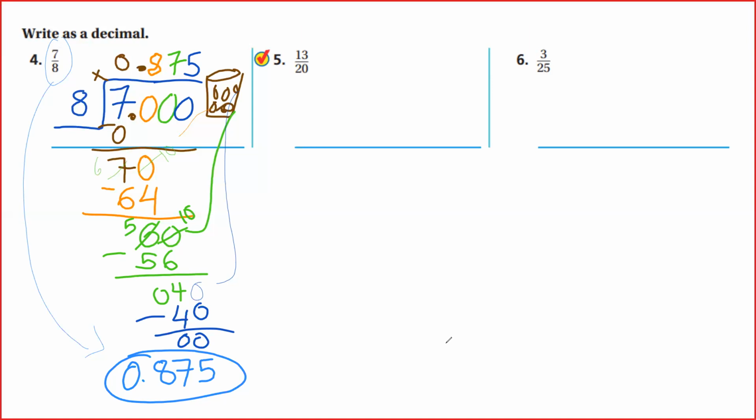Because I cannot subtract 6 from 0, so I will make this 5, and this one will be 10. 0 times 8 is 0. 7 minus 0 is 7.